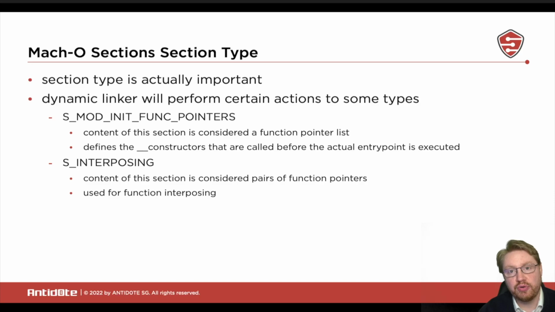So when you program something for macOS or iOS, you can specify constructors, but also destructors, inside your source code. And these are basically pieces of code that get executed before the main entry point gets executed. This is often used for security tools like dynamic libraries that you inject inside a process because they will be executed before the main entry point is executed.